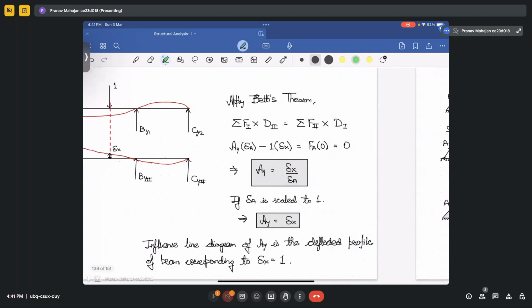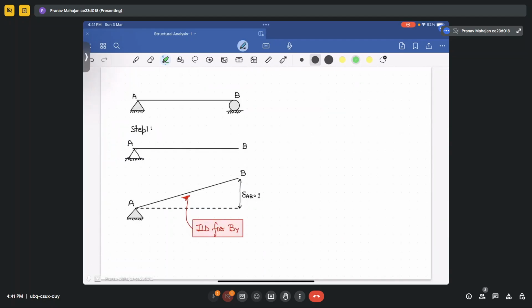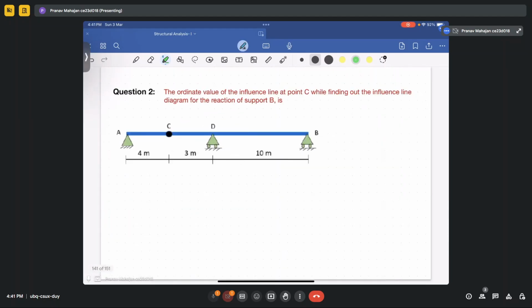It is based upon Betti's law, which tells us that the summation of forces in system 1 multiplied by the displacement in system 2 is equal to the summation of forces in system 2 multiplied by the displacement in system 1.